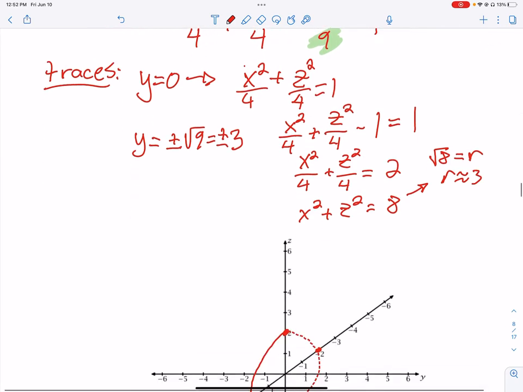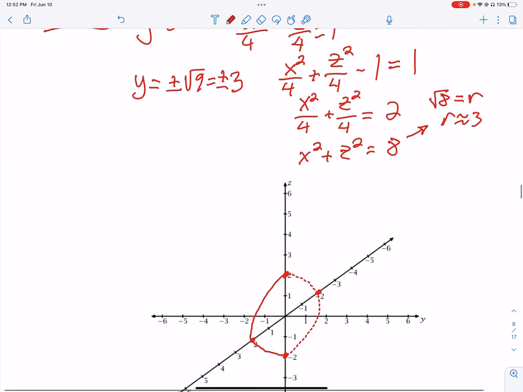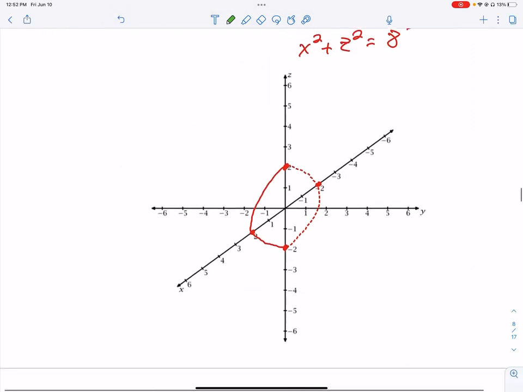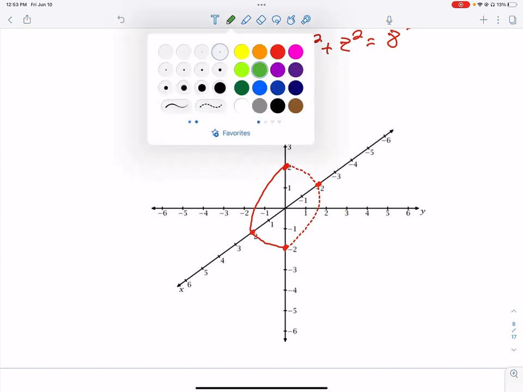So it's a circle with a radius of roughly 3. So let's plot both of those. And we get them in both directions because this was for plus and minus 3. So what does that mean? I'm going to go to plus 3 in the y direction, and I am going to put a straight line there, but I'm going to make it dotted. Go back, I guess I didn't change it.